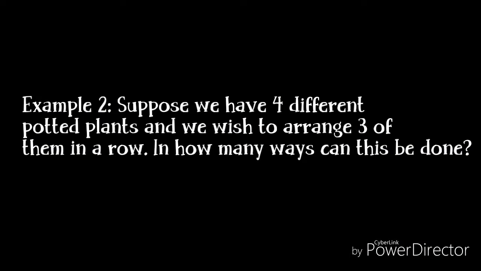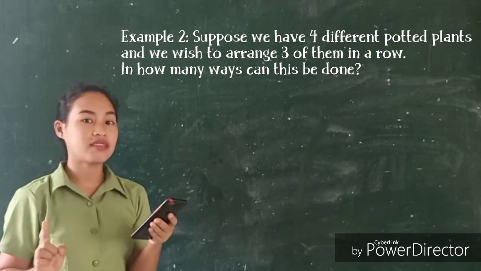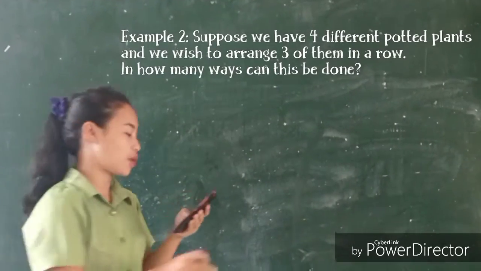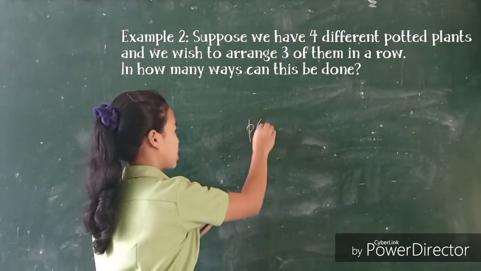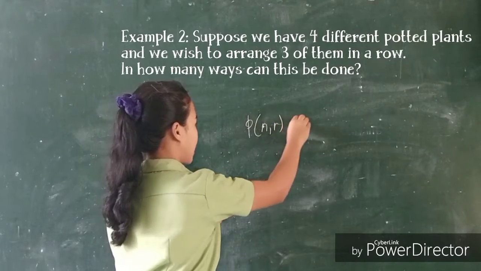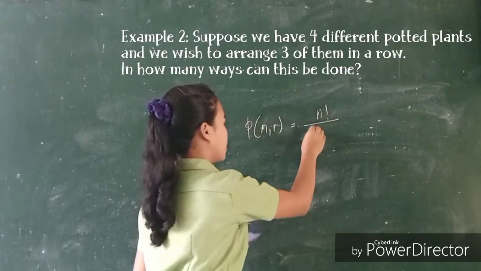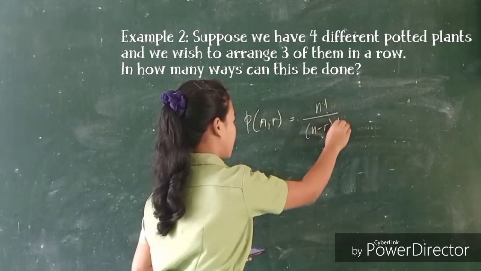Suppose we have 4 different potted plants and we wish to arrange 3 of them in a row. In how many ways can this be done? Note that there is an r. So we will use the formula P(n, r) = n! / (n - r)!.